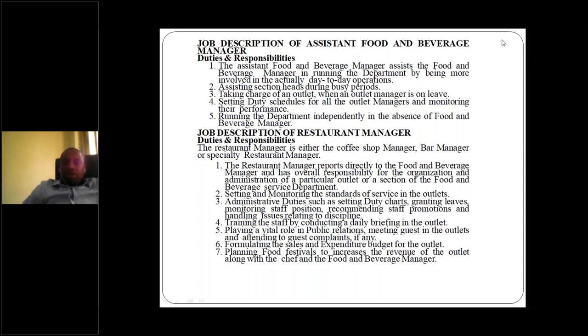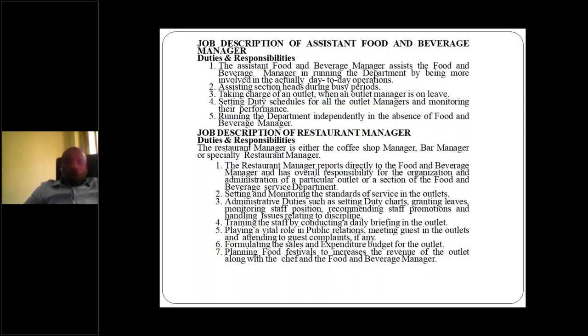So let's look at another role, the restaurant manager. What is the role of the restaurant manager? It is either the coffee shop manager, the branch manager, or the specialty restaurant manager.